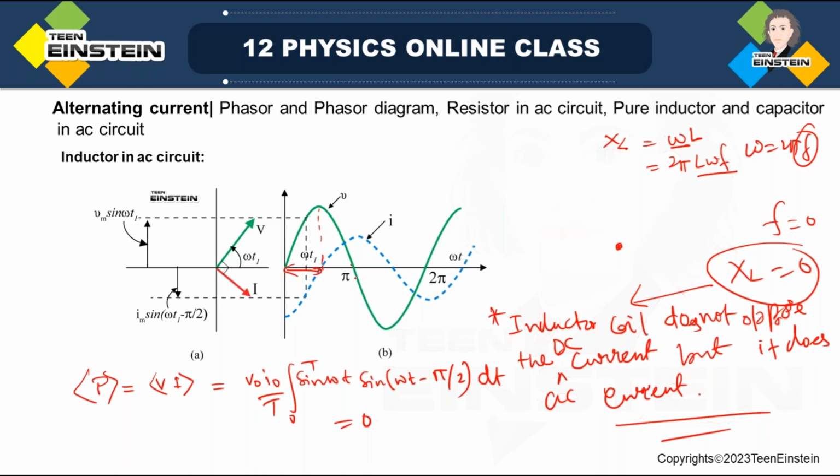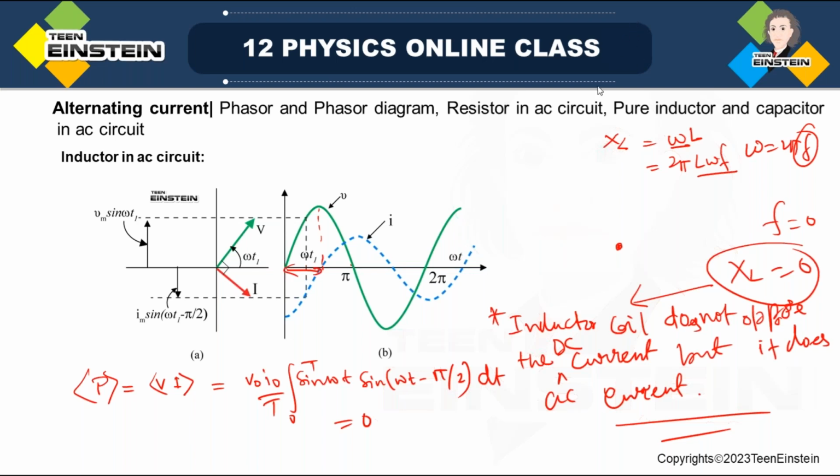So if we take the average of the power input by the inductor and the power released, it will become 0. So the average power dissipated in a pure inductive circuit is 0.